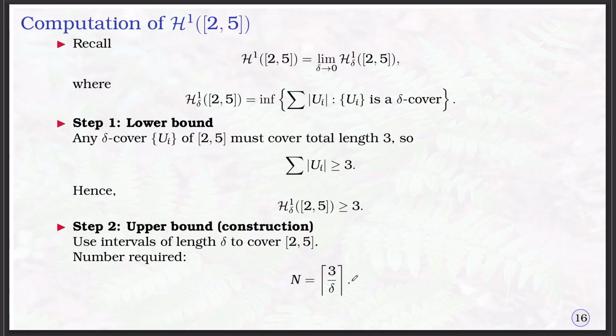Now, for the upper bound, use intervals of length delta to cover [2, 5]. The number of boxes required to cover, we explained in the previous slide. So, n equals the smallest integer greater than or equal to 3 by delta.